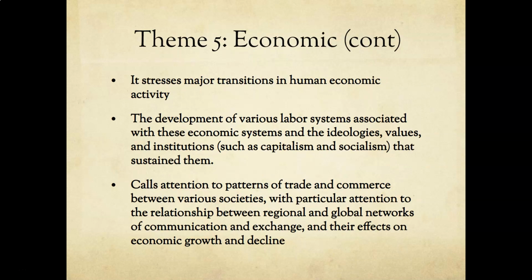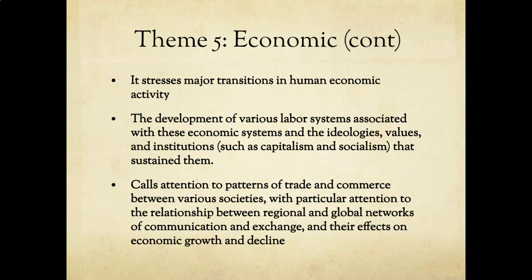And really the big thing with this economic theme is you can see the actual transitions. And you can connect economic with social, as well as cultural and interactions. So you can see a cultural idea develop, you can see an interaction develop or a social instance develop.